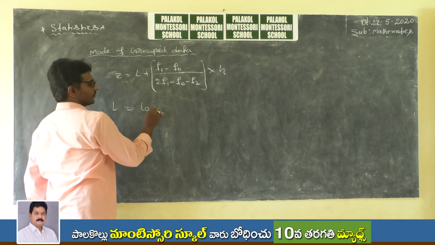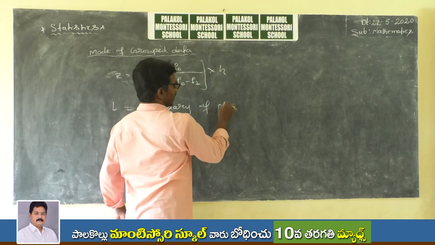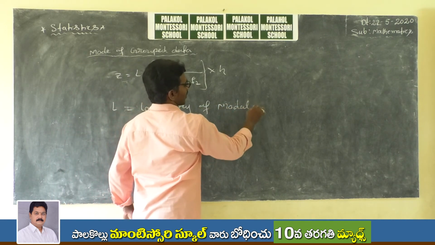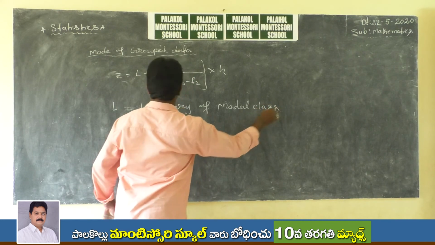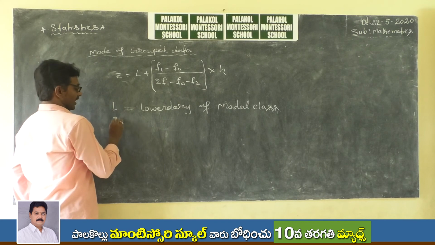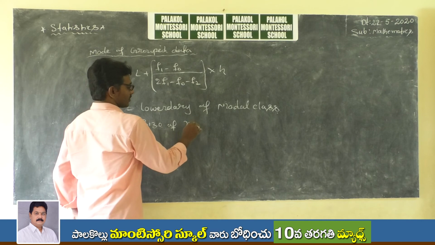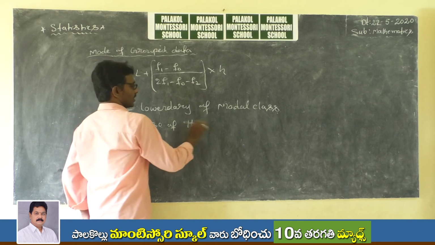Lower boundary of the modal class. Next one, H: size of the modal class.